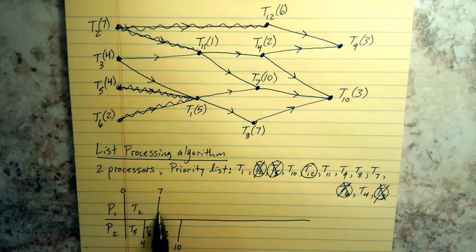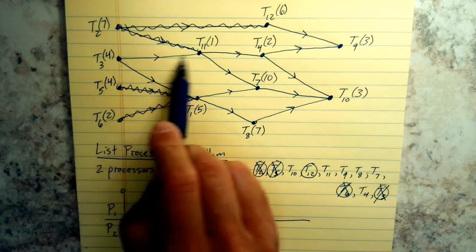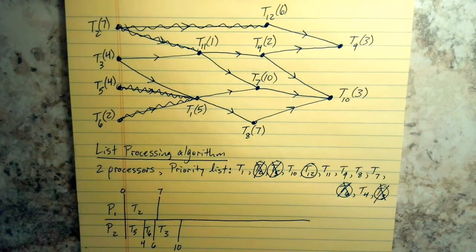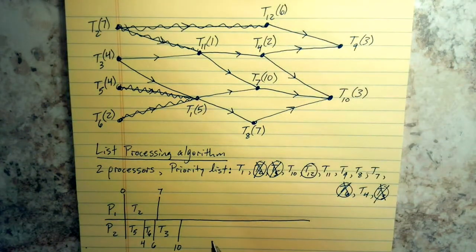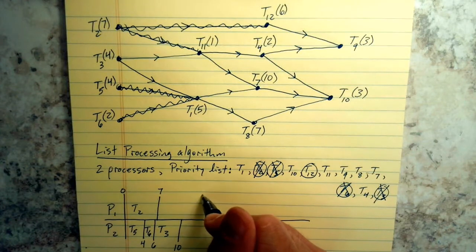Because remember, at time 7, 3 is still running, so it's not finished yet. Alright, so at time 7, I'm going to schedule the first available task. The only one is 12, so I'll schedule task 12. And task 12 takes 6 units of time, which is going to take us out here to 13.